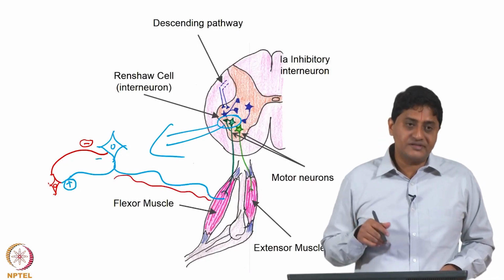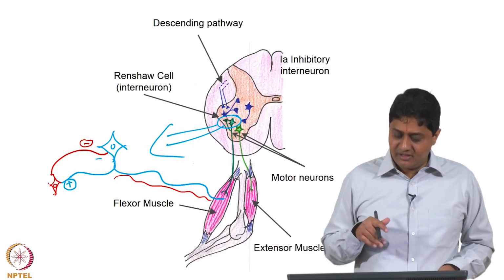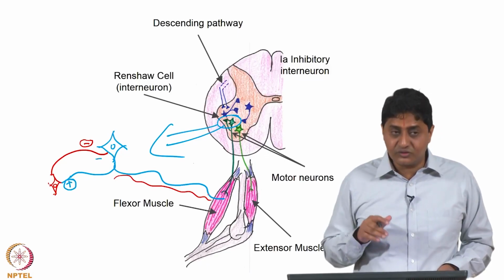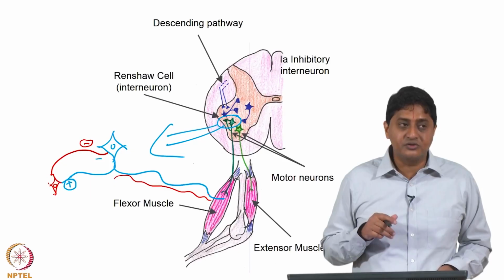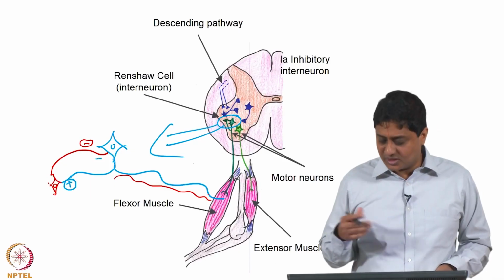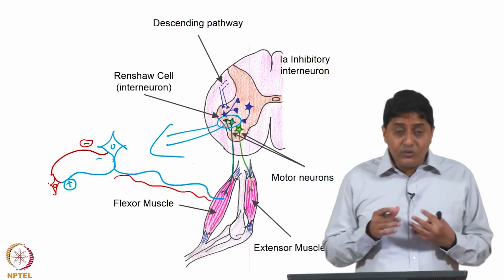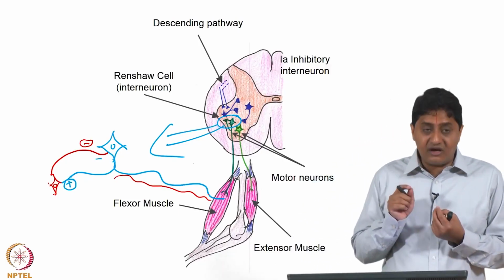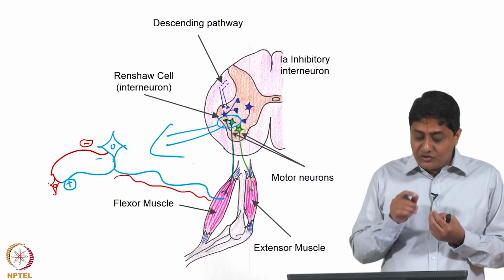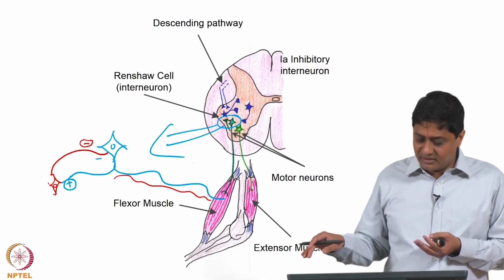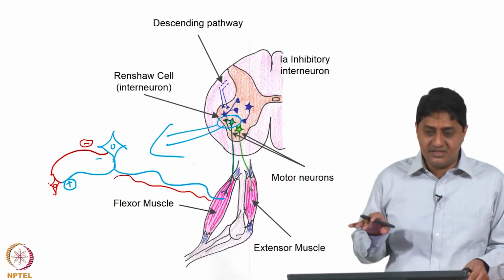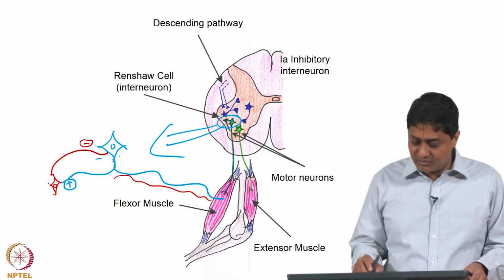You need to control that, because if the excitation level to the muscle goes beyond a particular point, it could cause physical damage and have negative consequences which are undesirable. So you want to control the amount of excitation that is sent. As soon as excitation is sent, an inhibition is sent back to that motor neuronal pool.